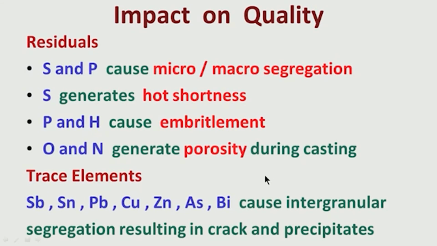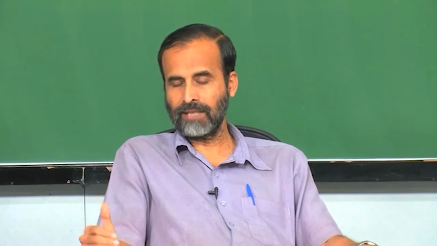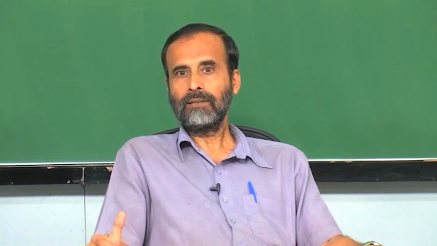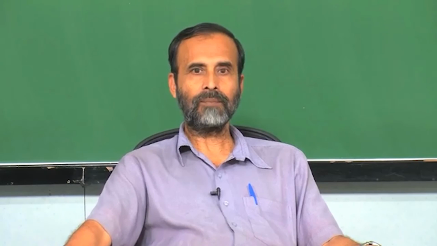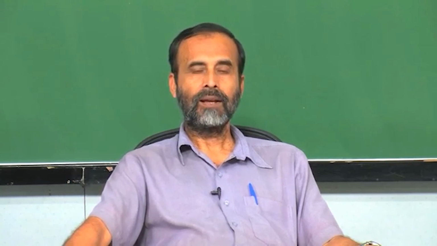So now let us see what is the impact on quality of non-metallic inclusions. I have talked about the residuals, what their impacts are. I have talked about the trace elements, what their impacts are. Now let me come to the role of non-metallic inclusions.